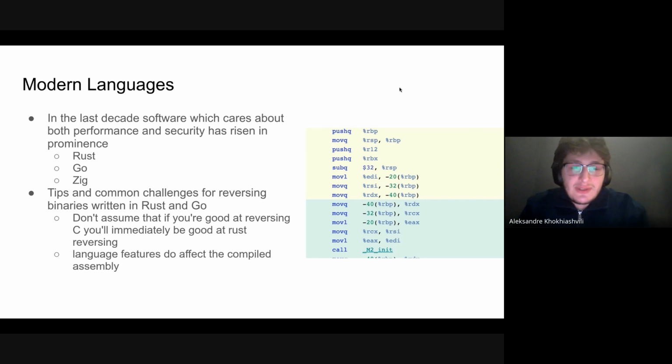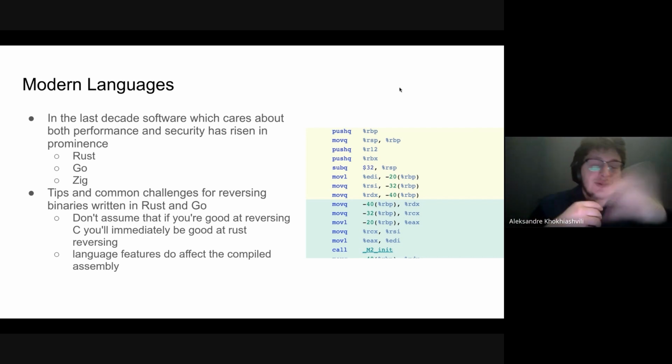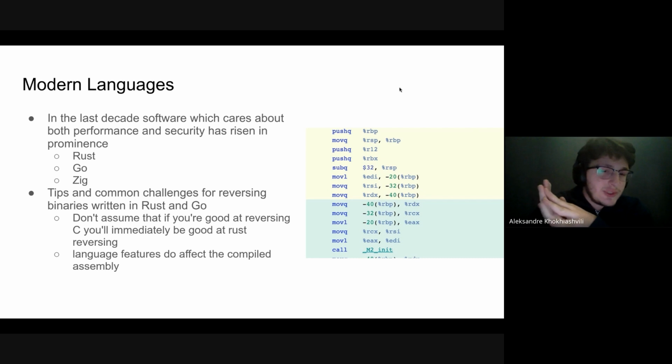But since this is a reversing talk, we have to consider that now that these languages are getting more popular, some of the closed source applications which we might need to reverse might be written in one of these languages, which means that all of their weird features and compilation tricks, which are different from C, will get in the way of reversing binaries written in these languages.